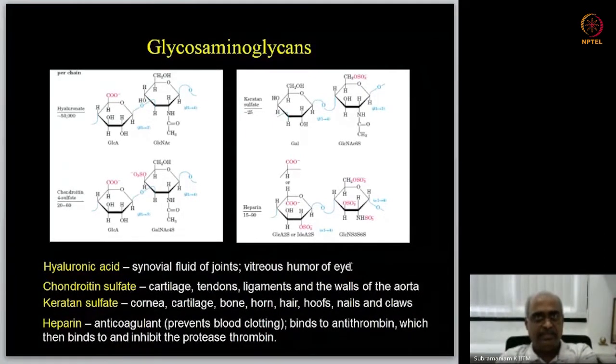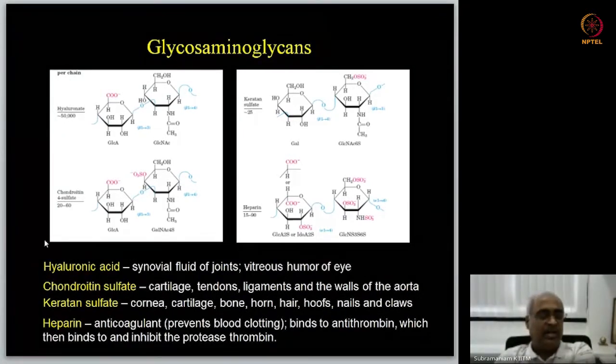Behind your lens, the eyeball is filled with a jelly-like consistent liquid, and that is primarily composed of hyaluronic acid. So that gives a protective and cushioning effect to the eye. This sort of a role is very important, and this is also present in cartilage as well, where it provides tensile strength. So that is the function of hyaluronic acid.